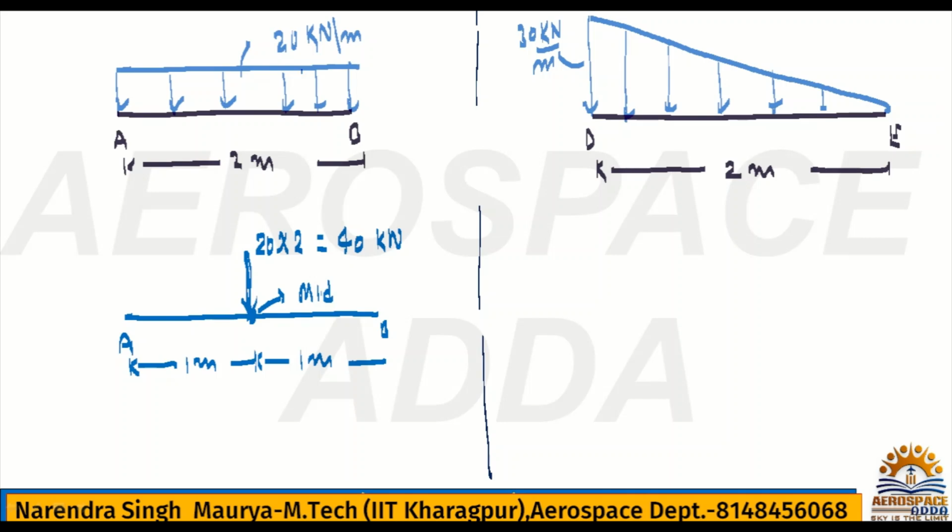All right. Now coming to the UVL, we have to do the same thing for the UVL also, but the calculation method is different. This is the DE section. So how do we calculate the total load?